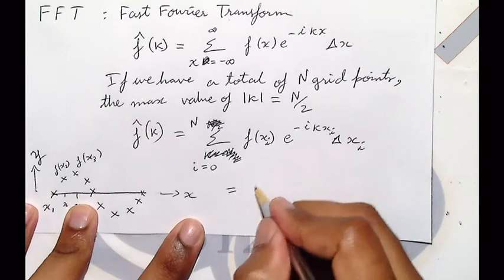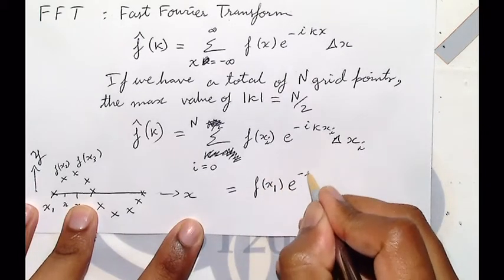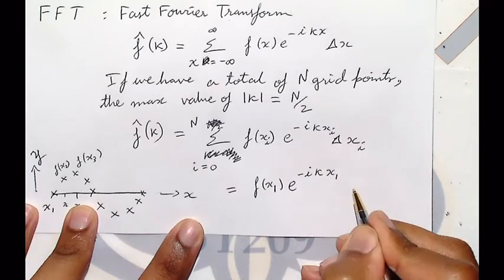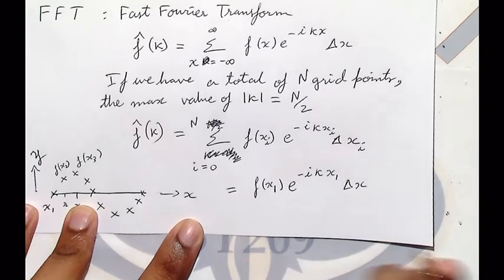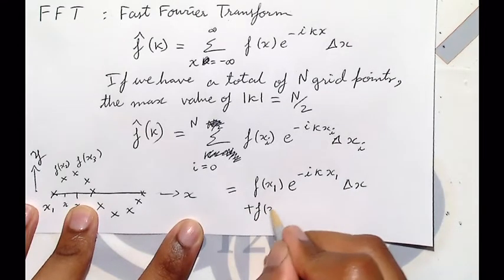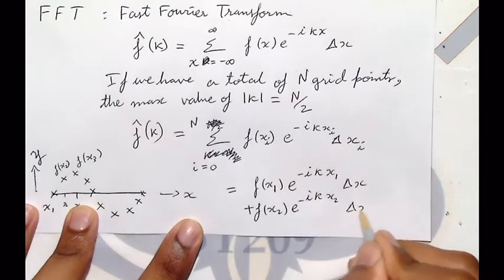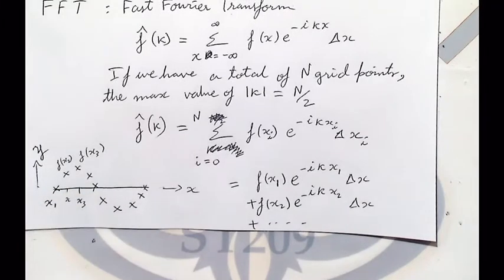So we have f of x1 e to the minus i kappa x1 delta x. Let's assume delta x is constant, plus f of x2 e to the minus i kappa x2 delta x plus blah blah blah, right? So we basically sum up all these.